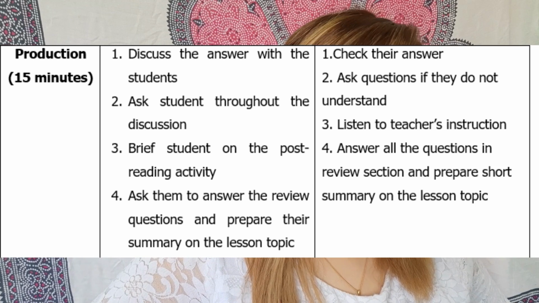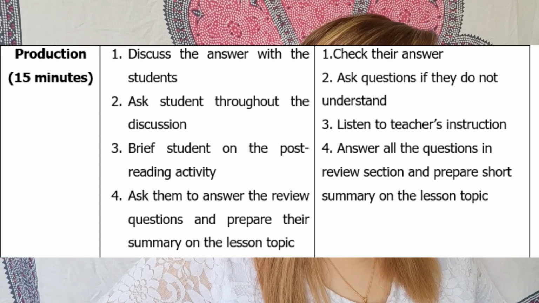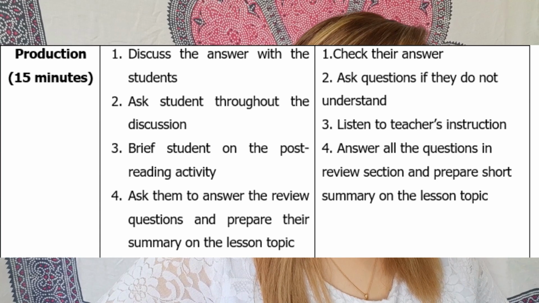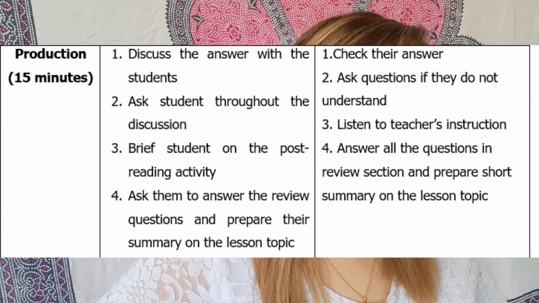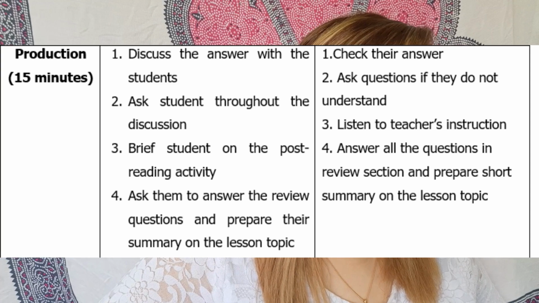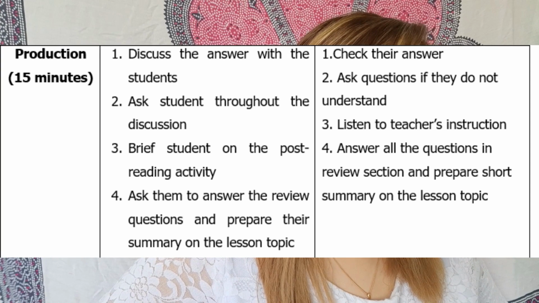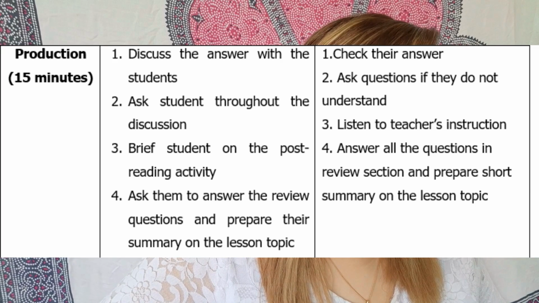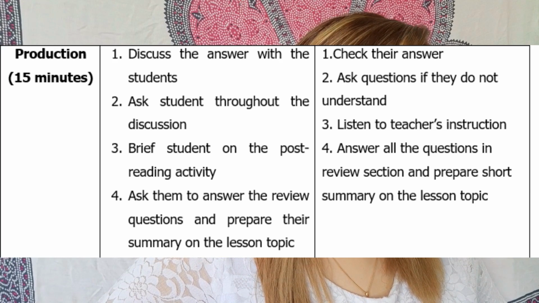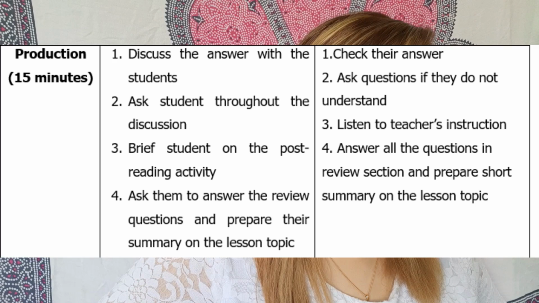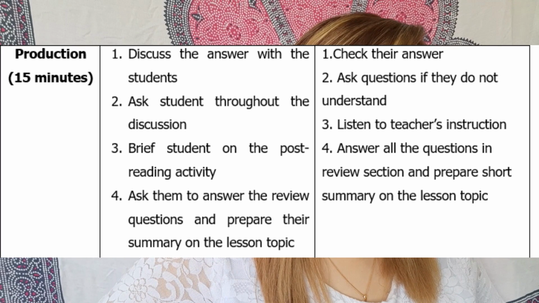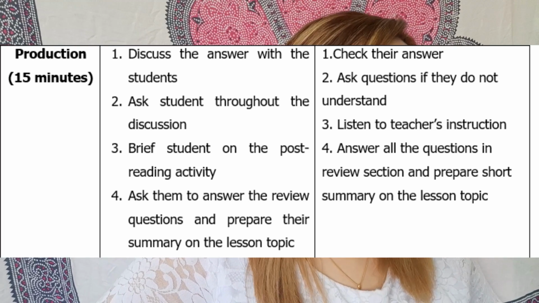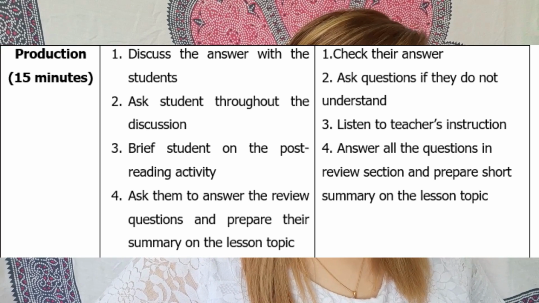After that, the teacher will brief the students on the post-reading activity, ask them to answer the review questions, and give them time to prepare their summary, on which part of the passage is interesting and important to them.